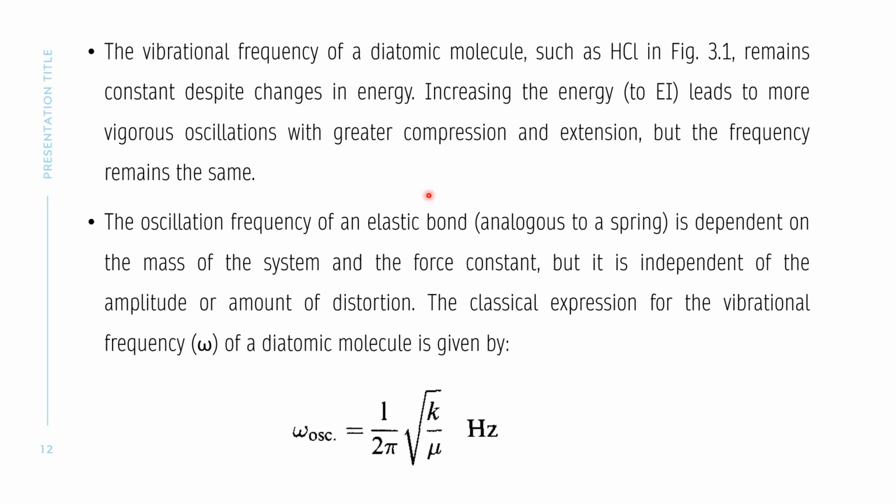The oscillation frequency of an elastic bond, analogous to a spring, is dependent upon the mass of the system and the force constant, but is independent of the amplitude or the amount of distortion. The classical expression for the vibrational frequency omega of a diatomic molecule is given by the equation below, that is omega OSC is equal to 1 over 2 pi under root k divided by mu.